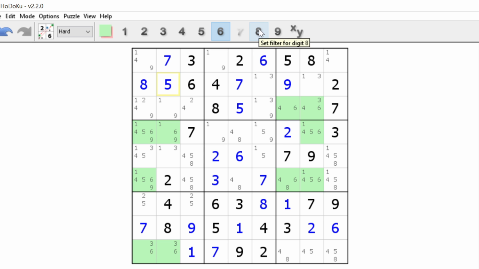Eliminations with the 6s right now. You can consider another unique rectangle with the 4 6 here and here. However, since this can also be 4 6, both 4 and 6, it doesn't qualify as a unique rectangle at this time.